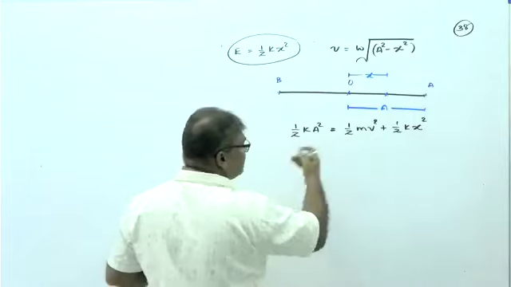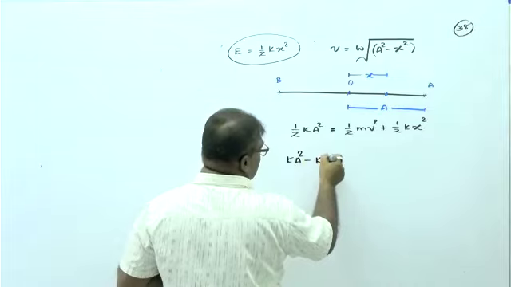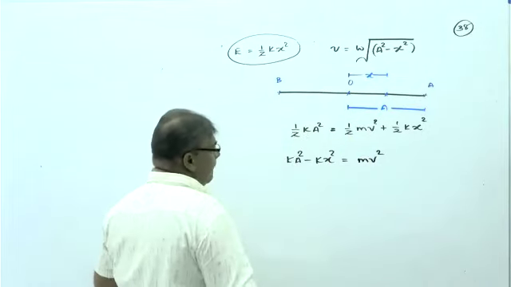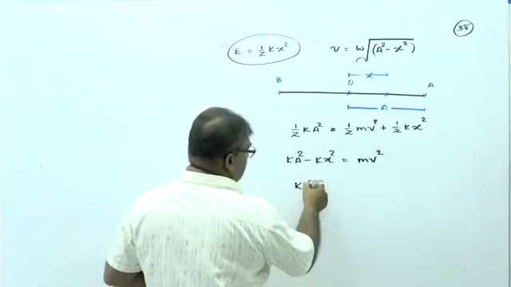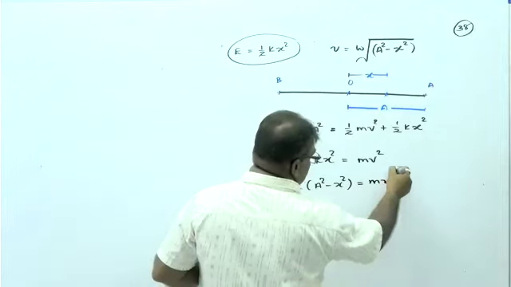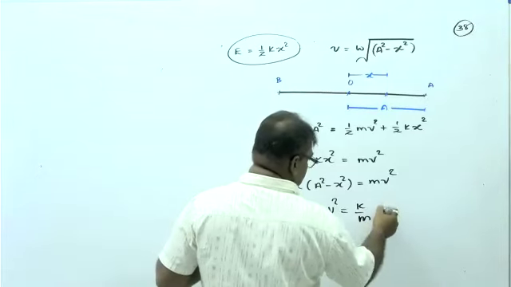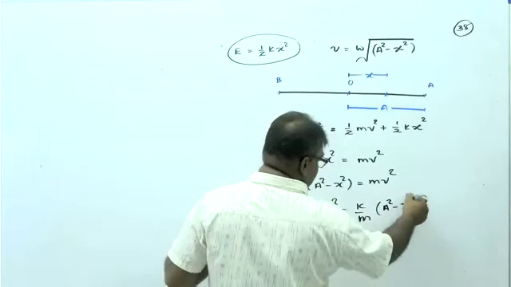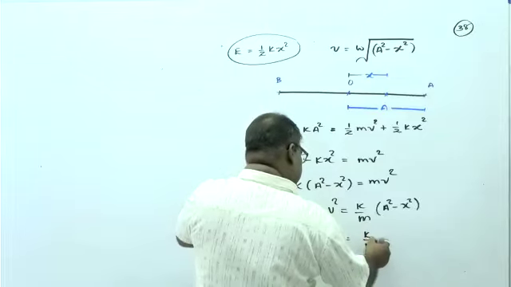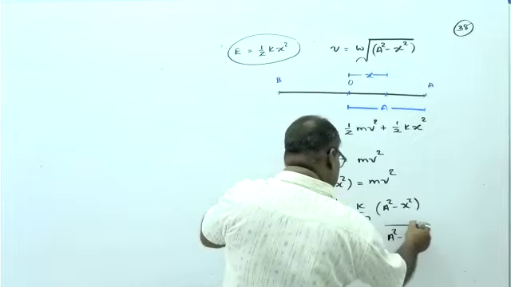Take this to the other side, half cancels. So we have ½k(a² − x²) = ½mv², so k(a² − x²) = mv², then v² = k/m (a² − x²). Then v = √(k/m) √(a² − x²).